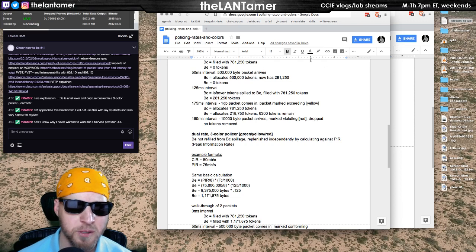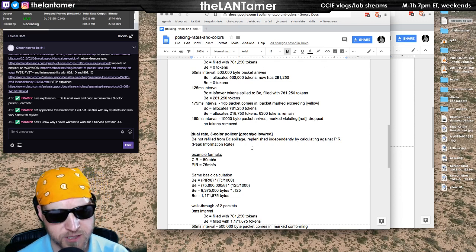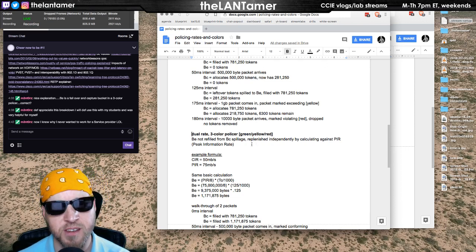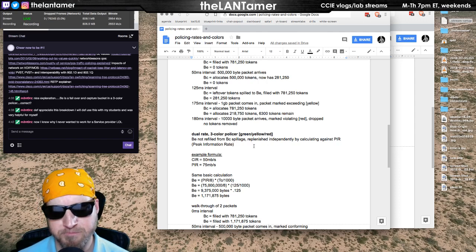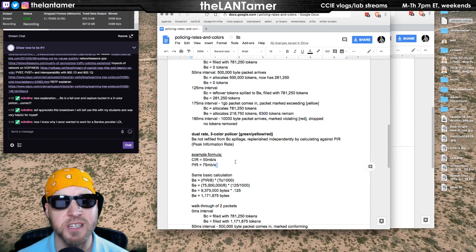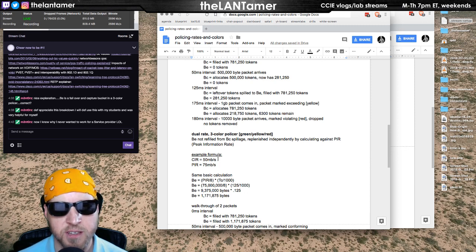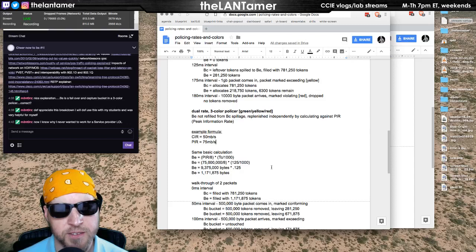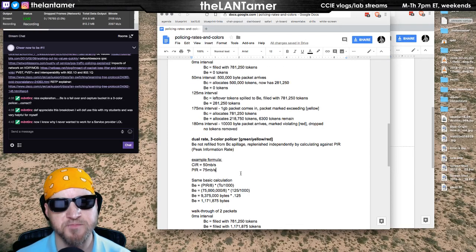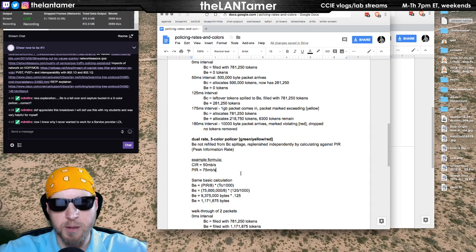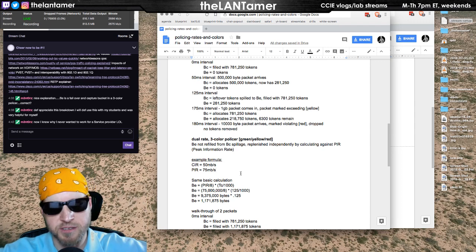There's a lot of formulas for how people figure out their time slicing and all that. But for this dual rate, let's say we want the CIR and the PIR. PIR is peak information rate. So I'm going to say my CIR is 50 and my PIR is 75 megabits per second. This is different because the two buckets are going to operate independently. There's no spillage.